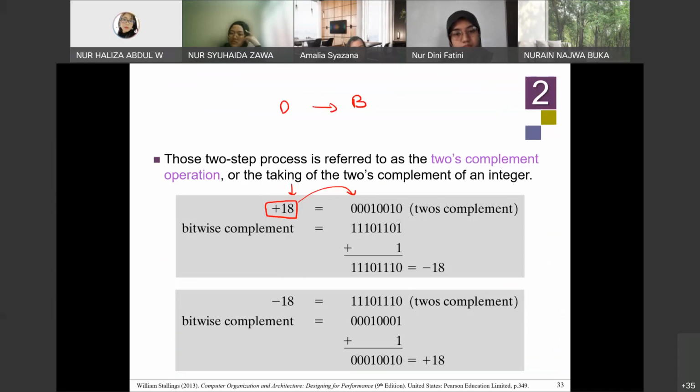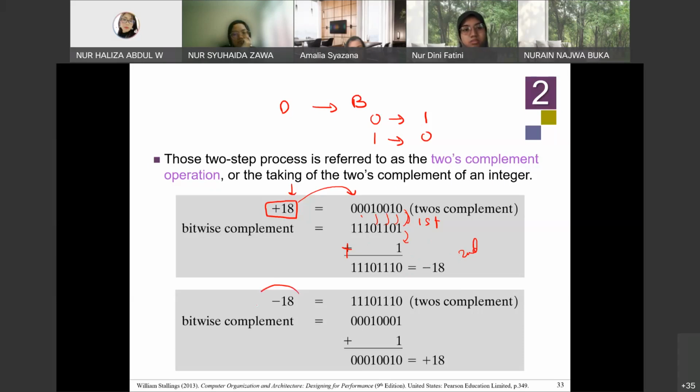I hope you know how; you can use a calculator also. If it is 0, you change to 1; if it is 1, you change to 0. You can see here everything changes. This is the first complement. For the second complement, you just add 1, and then you will get the second complement number.